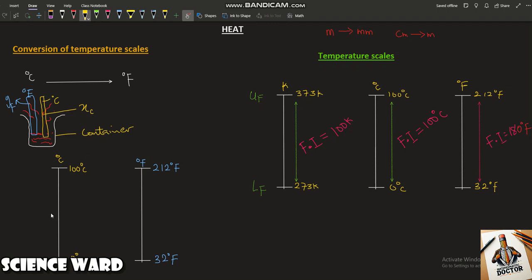So I'm going to call this here the Xc. Let us just say the Xc is the reading obtained. And that reading obtained here is equivalent to the reading obtained on the Fahrenheit scale.